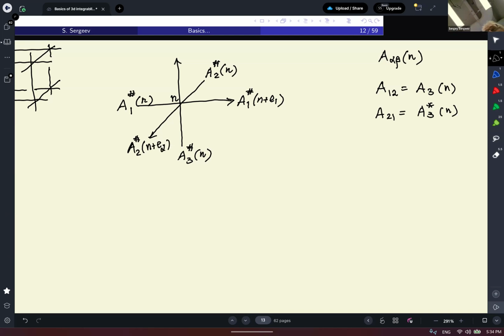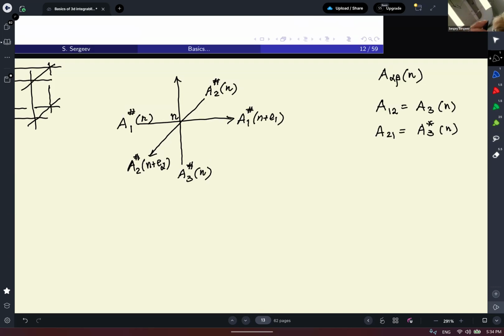Therefore, E2 is the direction from back to front. And what we have on the top, A3 star of n plus E3. So now we see that all our dynamical variables A belong to the edges of the cubic lattice, and the situation is quite natural.